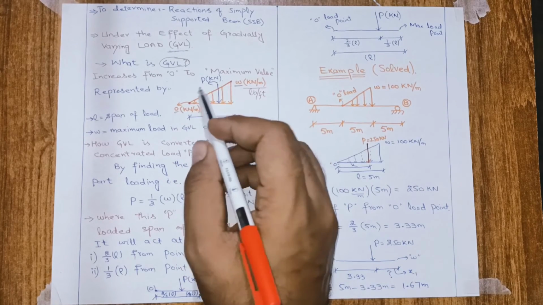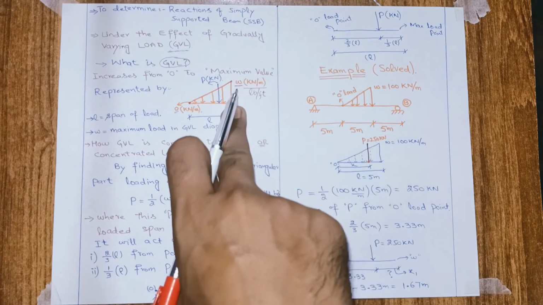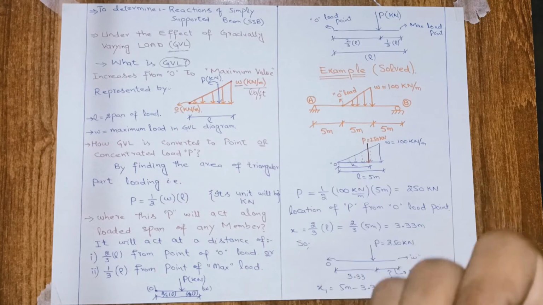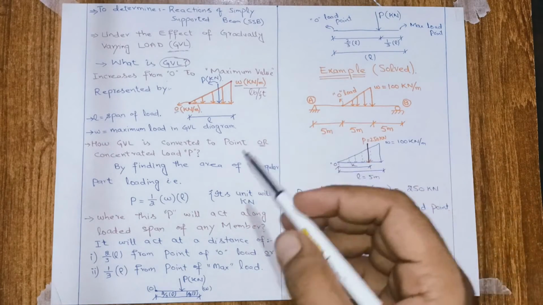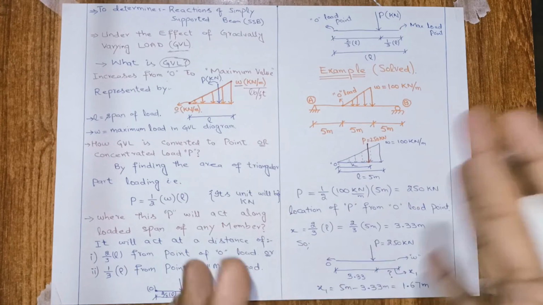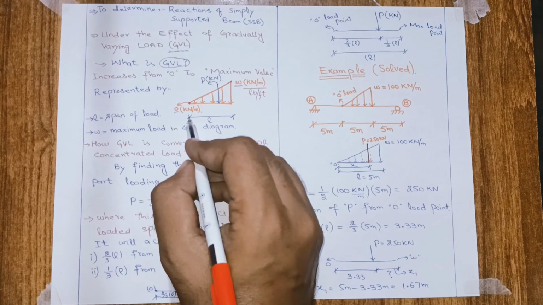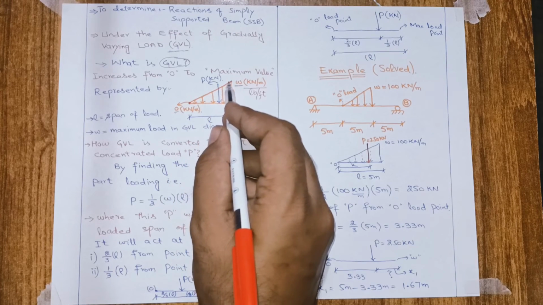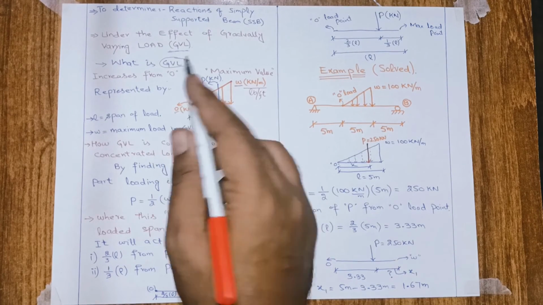It may be encountered as a simple form as I have shown here, or it may be combined with UDL or point load or moment load or any other type of load depending upon the conditions of the question. The load acts from point 0 and increases uniformly to a maximum value. That's why this is known as uniformly increasing load or gradually varying load.